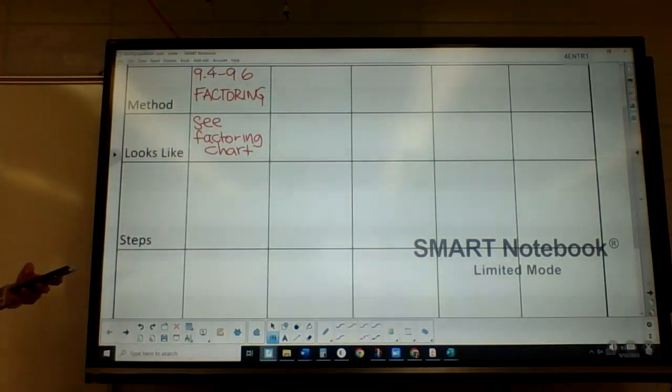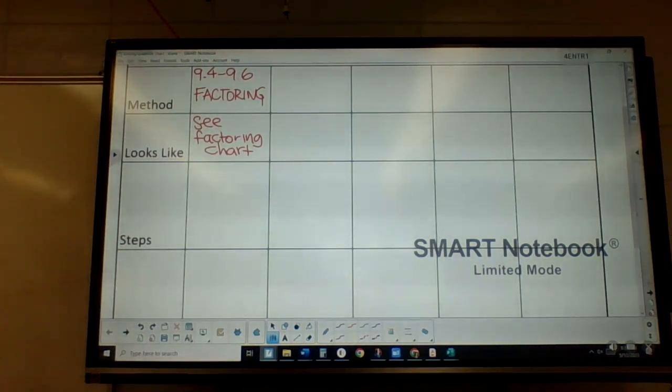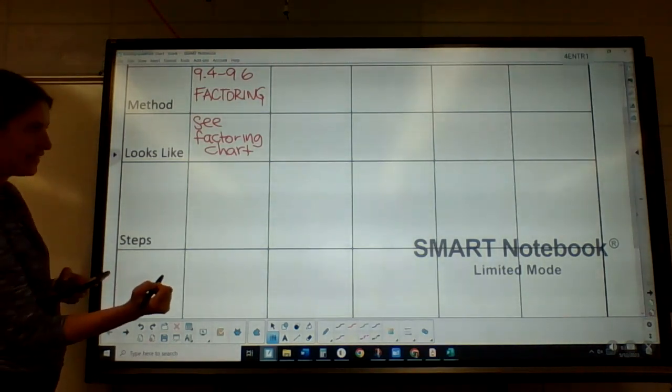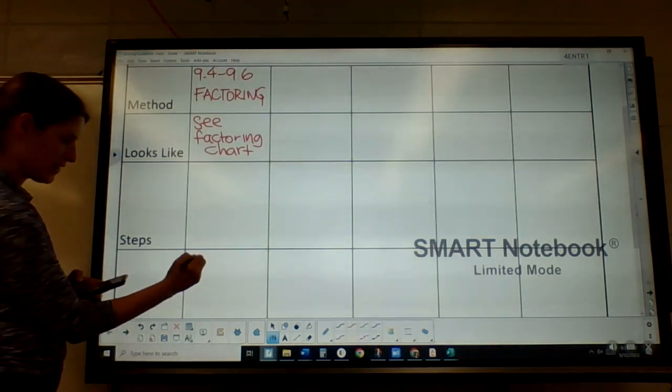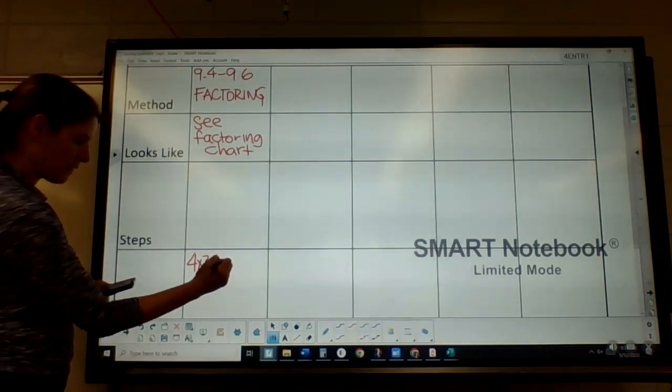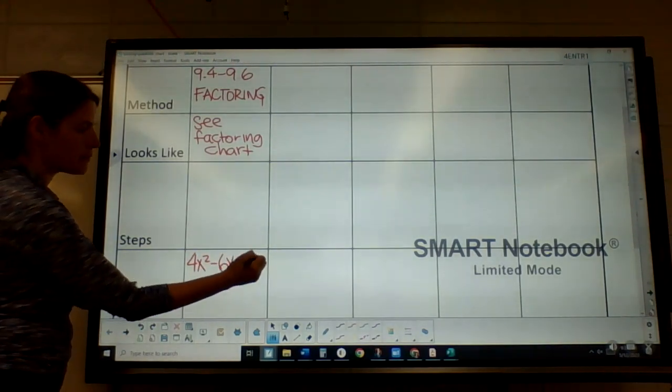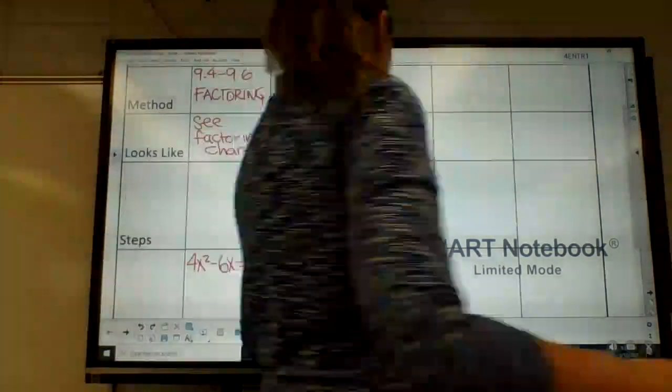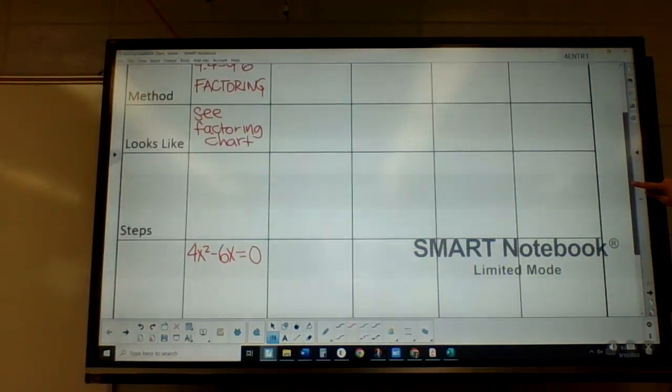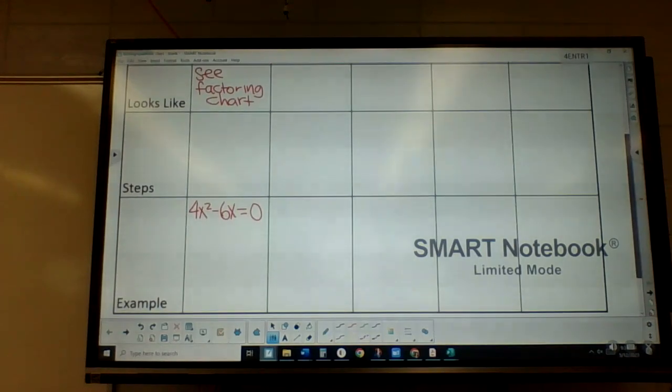Okay, so this is going to be our example down here: 4x squared minus 6x equals 0.